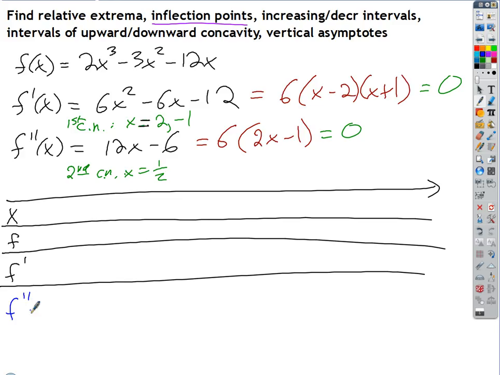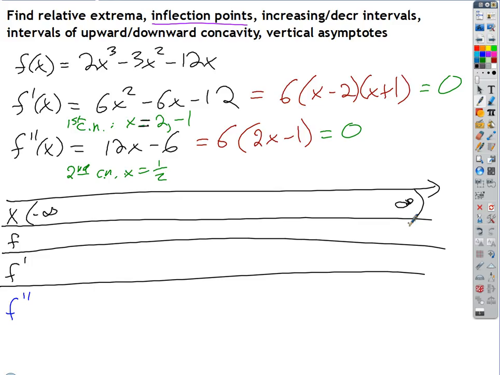Okay, I'm going to show you another cool trick here. We haven't actually learned the second derivative test yet. We talked about the meaning of the second derivative, but let's put all the important stuff up here. Well, first of all, the domain is unrestricted. So we could indicate that by including the entire real line. And now we're going to put up critical numbers. Okay, so first derivative critical numbers.